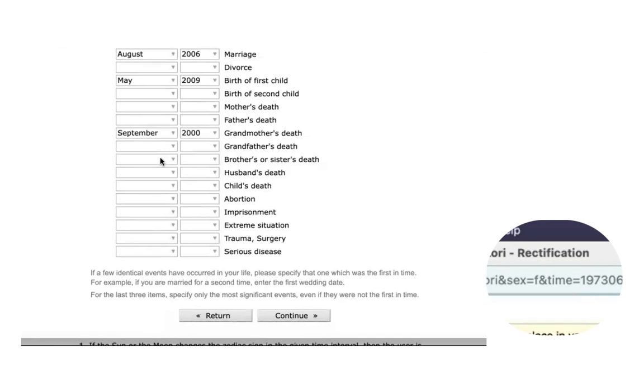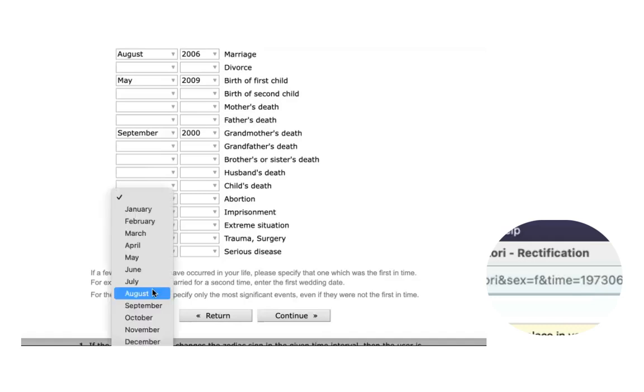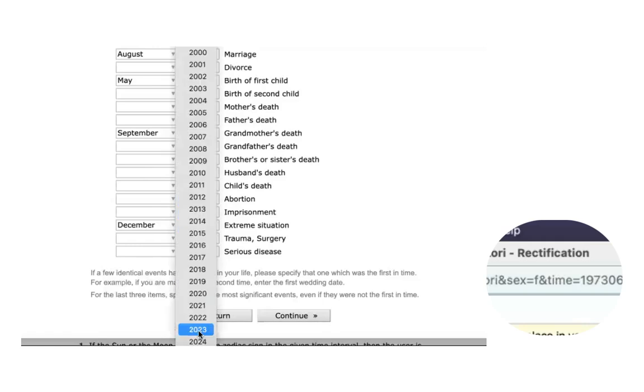Maybe her brother and sister are still around, and her husband, and she hasn't lost a child, and she hasn't had an abortion. She hasn't been imprisoned. How about an extreme situation? Let's say she had a heart attack in December of 2023.